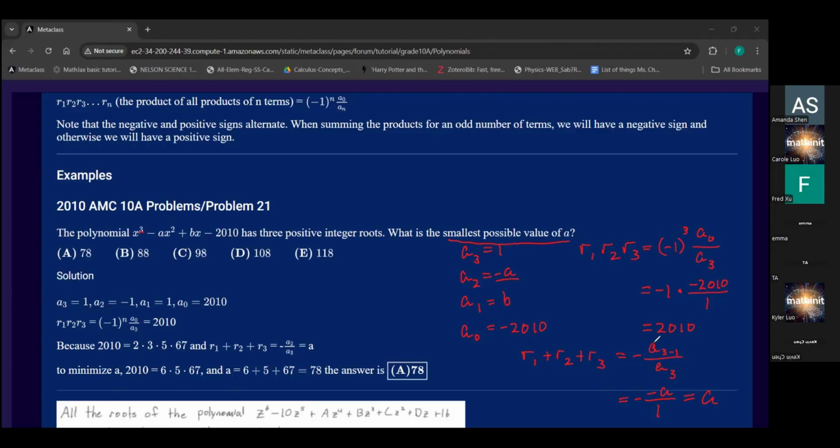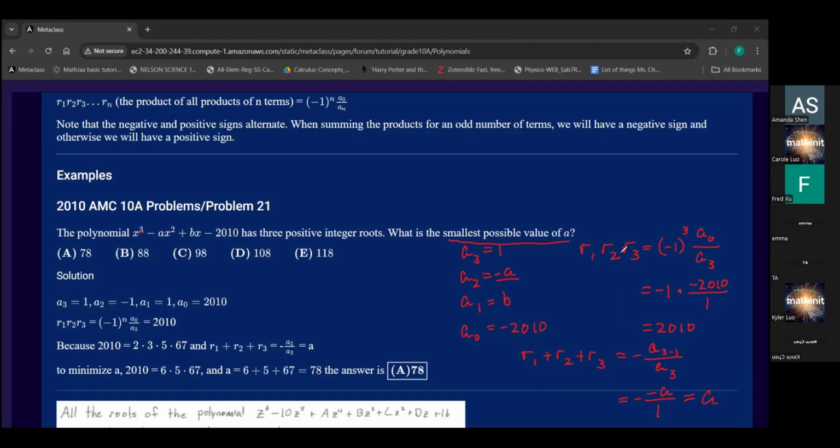And so in order to get the minimum value of a, we want to find the prime factorization of 2010, because that will give us all of the possible factors of 2010.